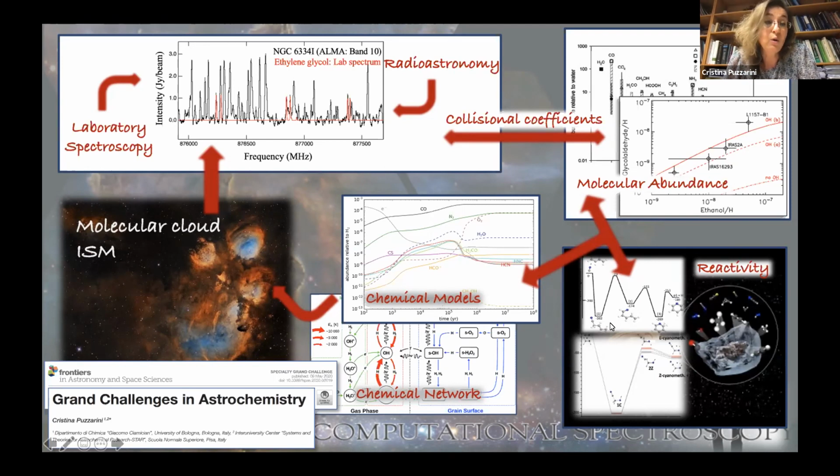If we can collect, and this is really a huge effort, all the information on the species that are present, then we can complete the chemical network and have a reliable and accurate chemical model. And then, at the end, we have a complete chemical characterization of our molecular cloud.